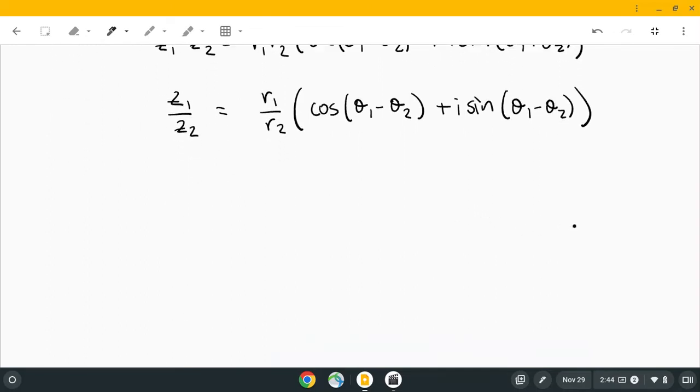So let's do some examples. Let's go ahead and multiply these 2 complex numbers. Suppose you have 4 cis 20 and 3 cis 55.